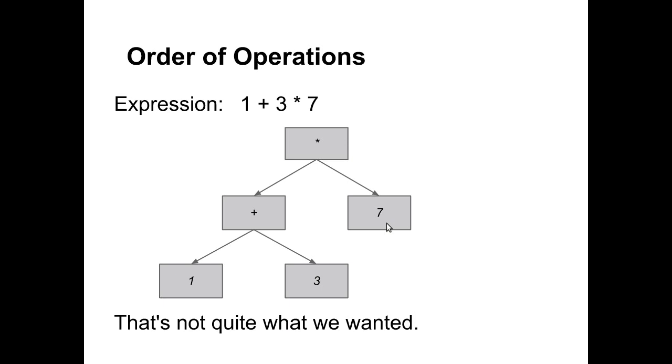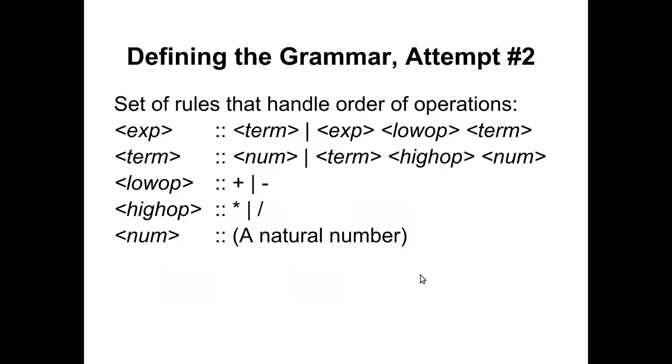And so we like the parse tree that we get when we parse this expression to reflect that order of operations, so that when we go to evaluate this parse tree, we can just go ahead and do a recursive traversal of the tree and get the right answer. So in order to do that, we want to define a slightly more complicated grammar.